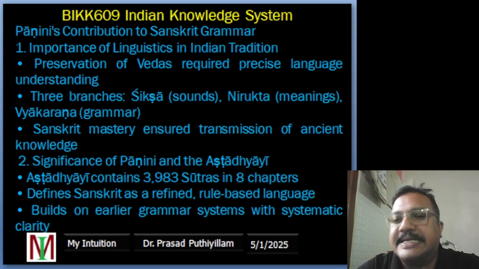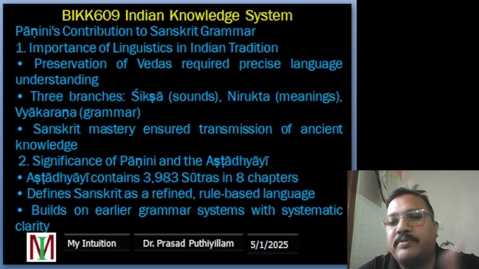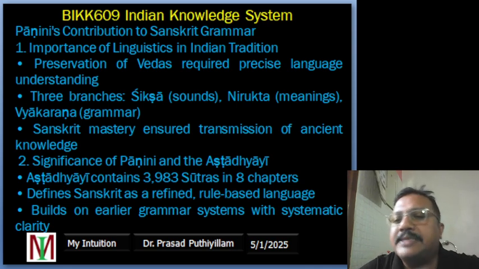The word Samskrita itself means refined, or well formed, and Panini helped to give the language its polished form. He studied the earlier grammar methods, improved them, and gave us a complete and clear system for understanding and using Sanskrit.